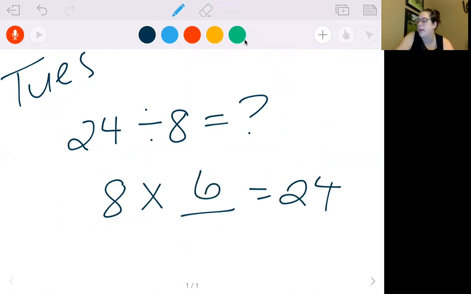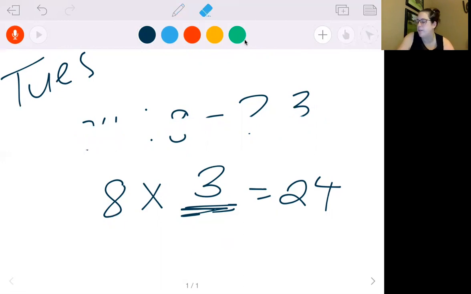So 24 divided by 8 is 3. All I'm doing is the opposite of division, which is multiplication. That's wrong, I'm sorry, 6 times 8 is 48, it's 3. My bad. 3 groups.